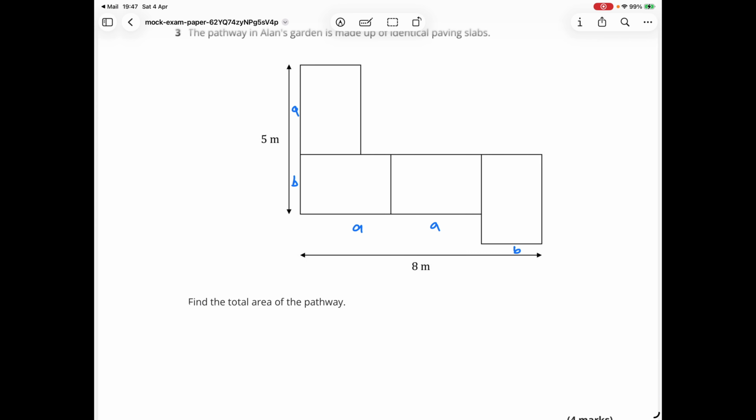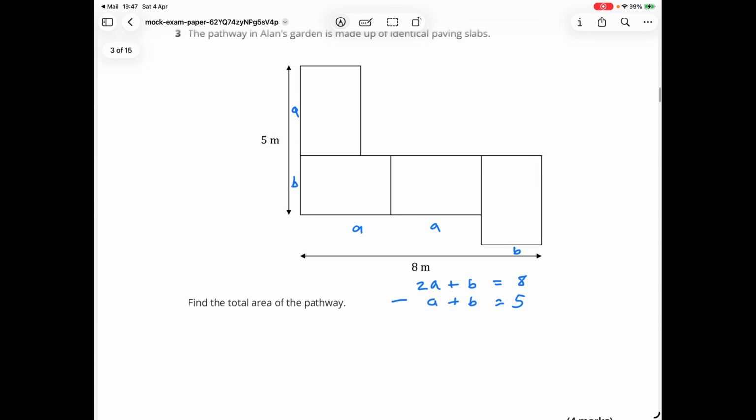So it's just a simultaneous equation. A plus B equals 5. 2A plus B equals 8. Take them away from each other and you get rid of the Bs and we get A equals 3. Then if we put that back in, 3 plus B equals 5, so B equals 2.